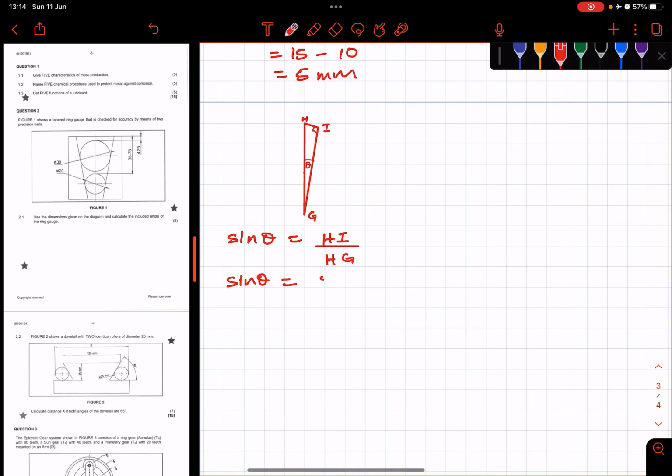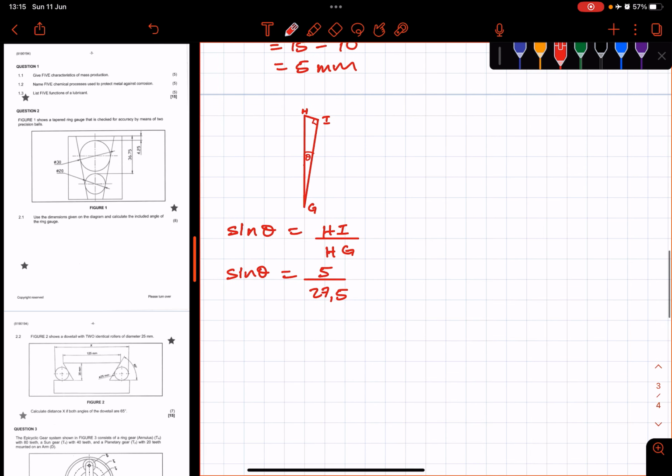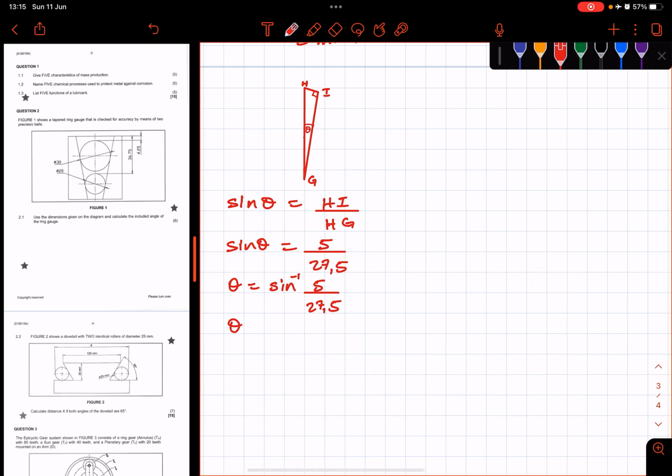HI is equal to 5 millimeters, HG is equal to 27,5. We are looking for theta, so to get theta you have to find the arcsine of 5 over 27,5.